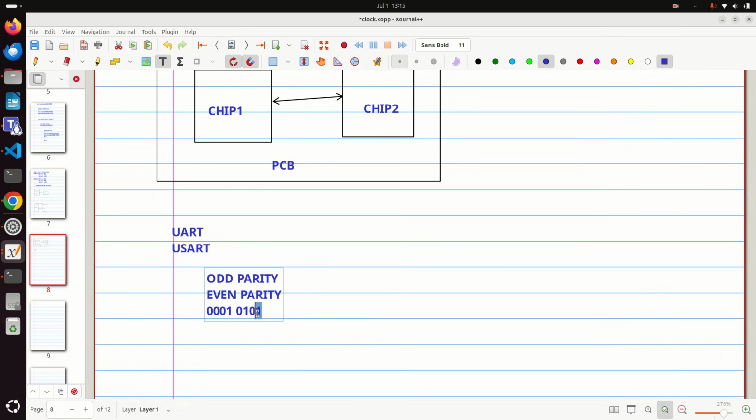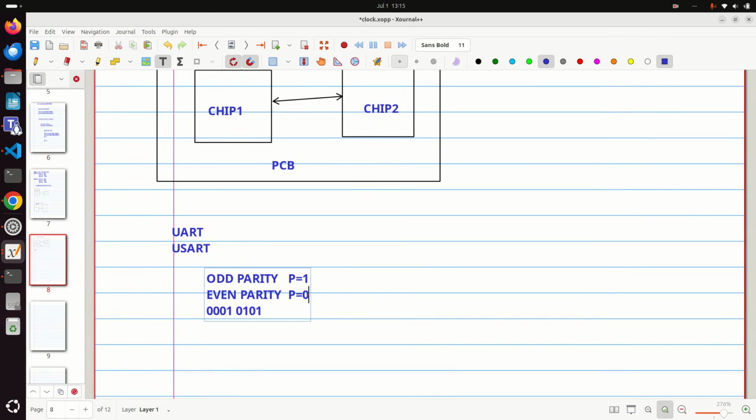If the number of ones is odd, that is odd parity. If the number of ones is even, that is even parity. If the number of ones is odd, then P equals 1. If the number of ones is even, then P equals 0.